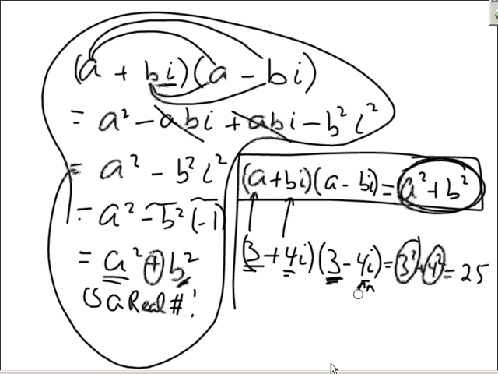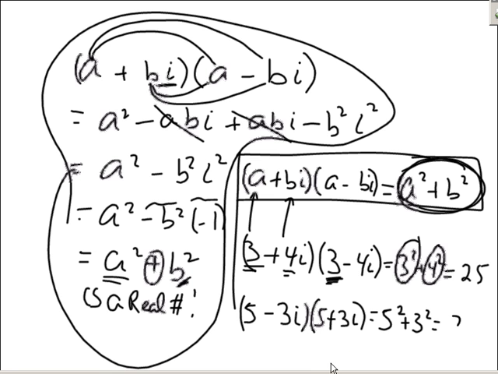If you multiply complex conjugates, you square those two numbers and then you add them up. That is, if you have 5 minus 3i, the complex conjugate will be 5 plus 3i. You get 5 squared plus 3 squared.